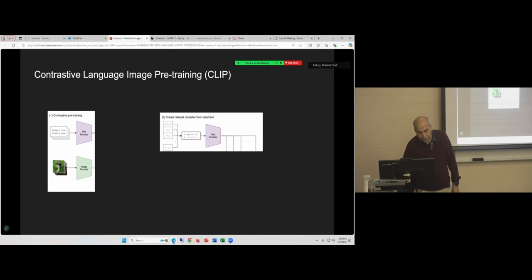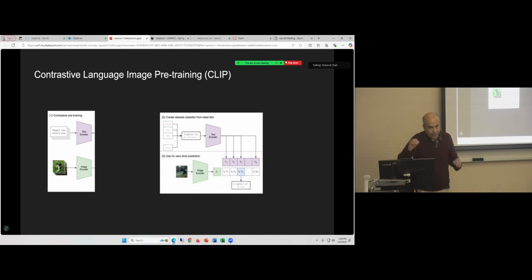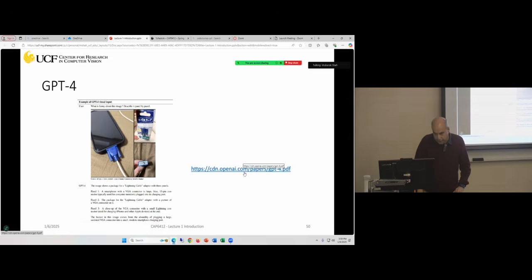So you take each class and get its text representation, and for the particular image you get its image representation, and you just match whichever is closest, and you say this is the image of the dog. That's it. No supervision, zero shot. Zero shot means that you don't need any examples. You have learned this. So that's what CLIP was.